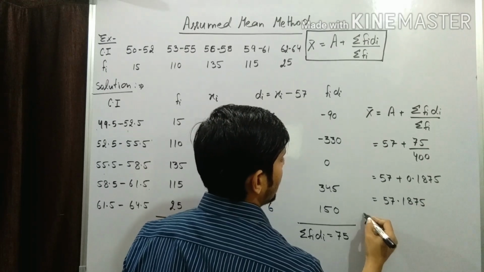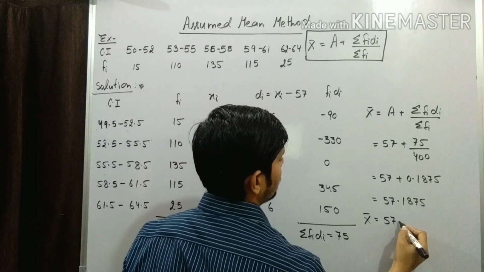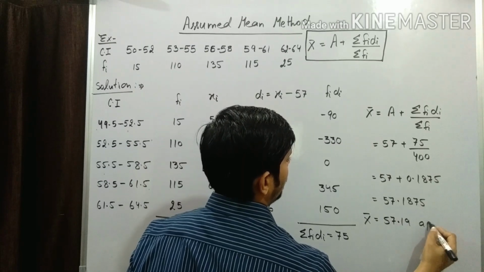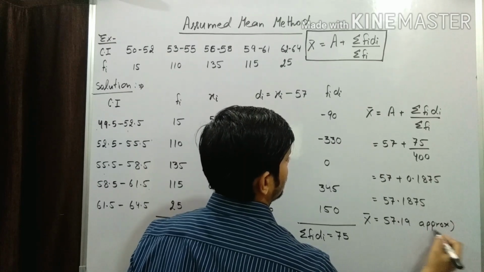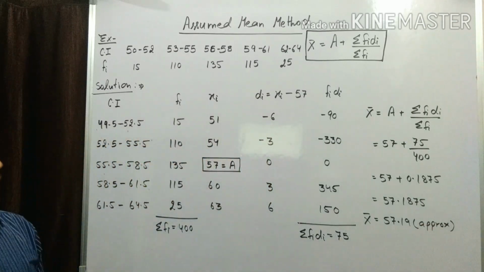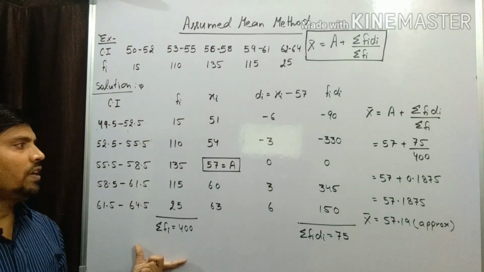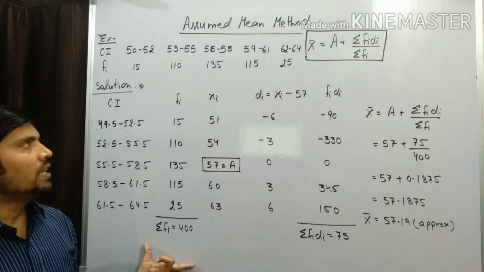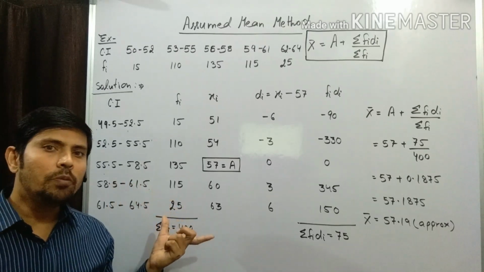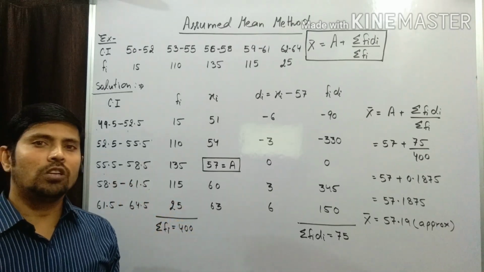Approximately we can write x bar equals 57.19. This is the way in which we can find the mean, and this method is known as the assumed mean method as well as the shortcut method.